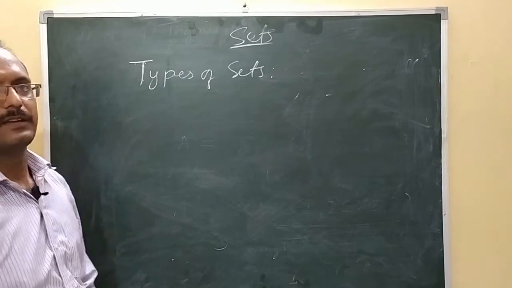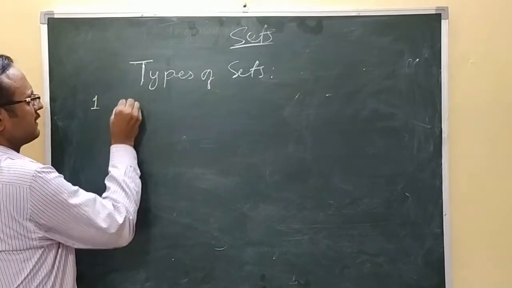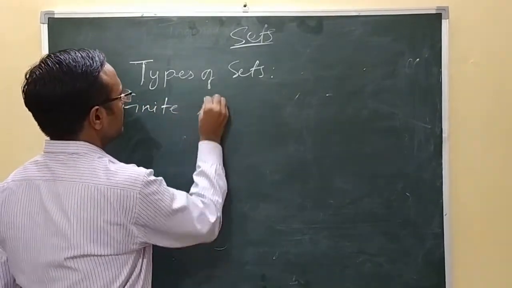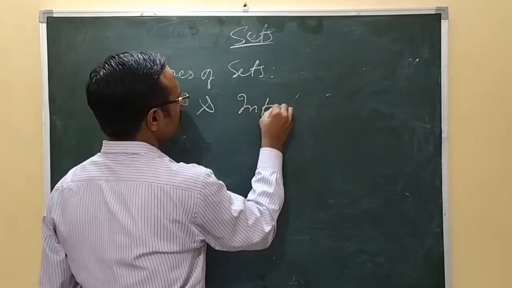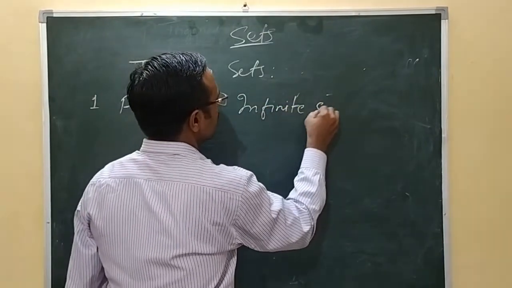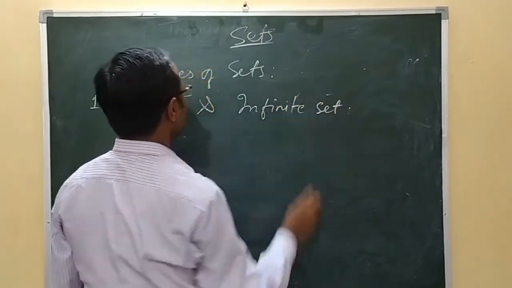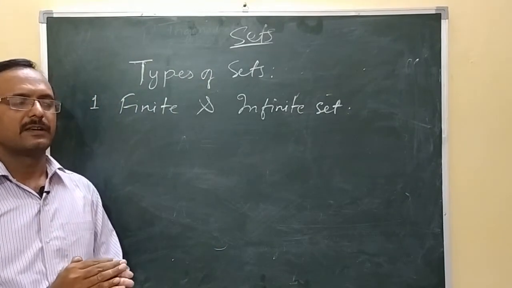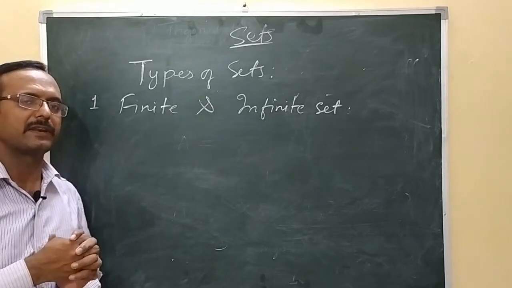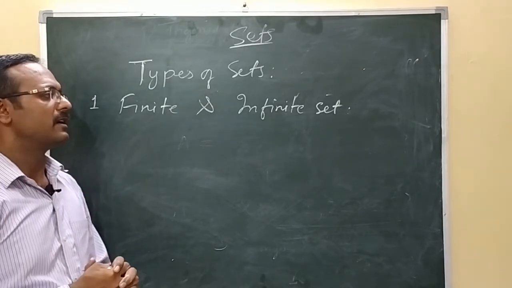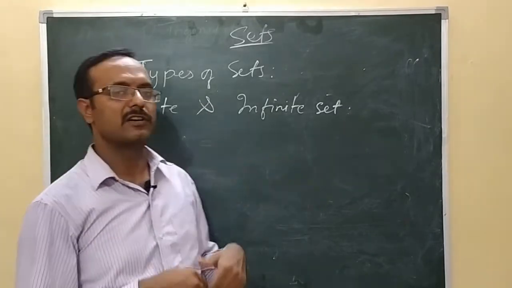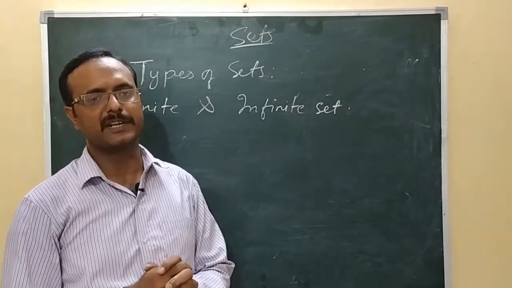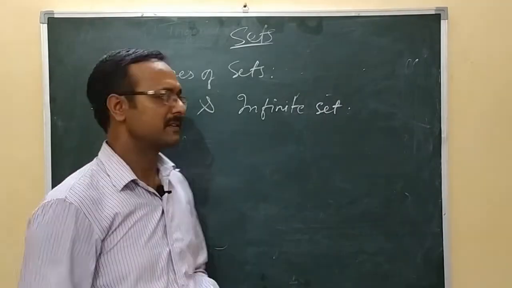First, we will start with finite and infinite sets. If a set has a specific number of elements, it will be called a finite set. If the number of elements in a set is not defined or is unlimited, it will be called an infinite set.